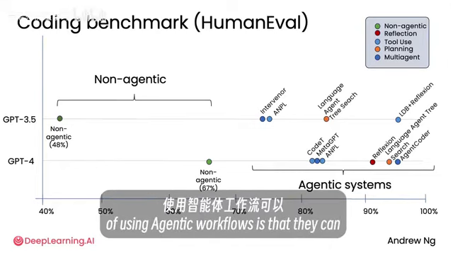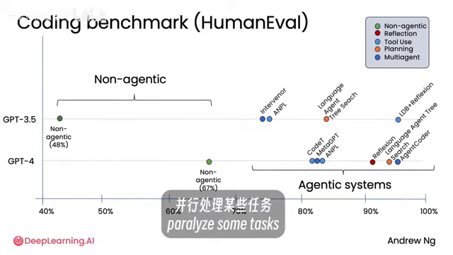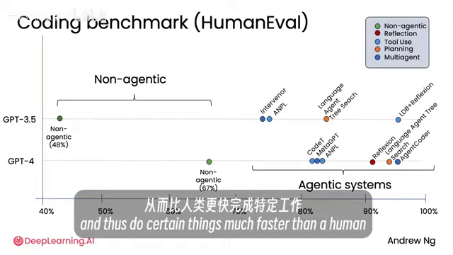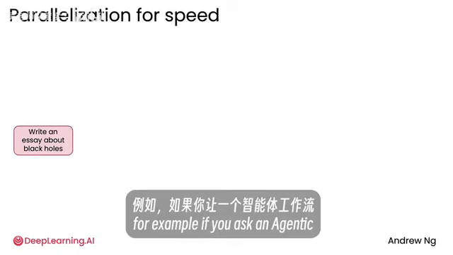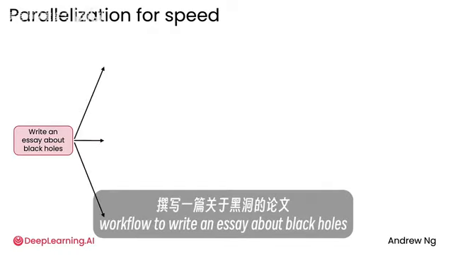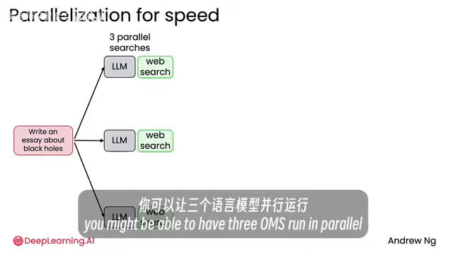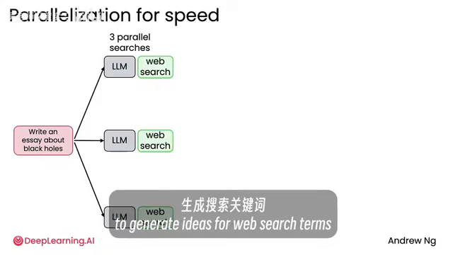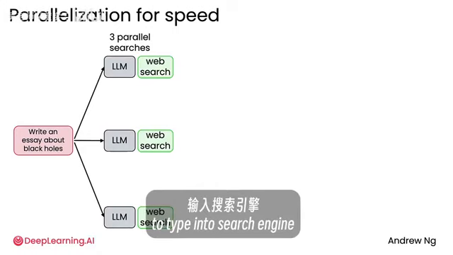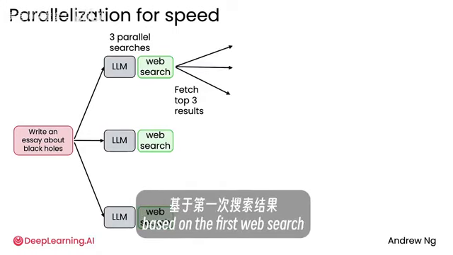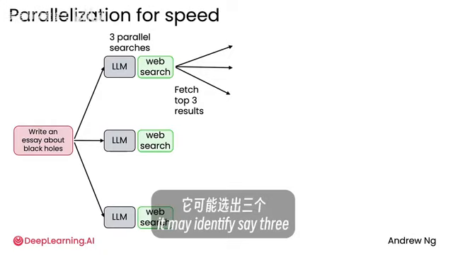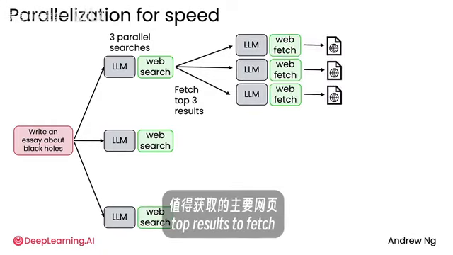Another benefit of using agentic workflows is that they can parallelize some tasks and thus do certain things much faster than a human. For example, if you ask an agentic workflow to write an essay about black holes, you might be able to have 3 LLMs run in parallel to generate ideas for web search terms to type into a search engine. Based on the first web search, it may identify, say, 3 top results to fetch.